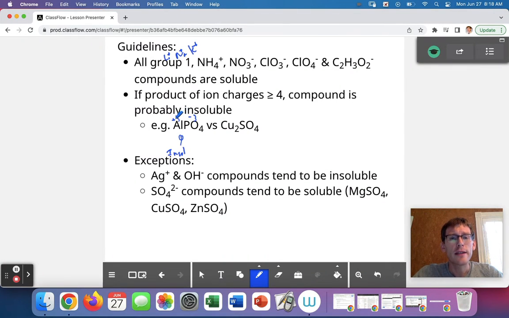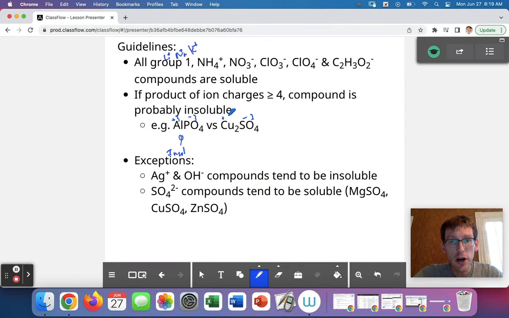We know that the aluminum and phosphate ions, because they're so strongly charged, think of like two really powerful magnets stuck together. They're not going to be easily pulled apart and separated to form these dissociated aqueous ions.